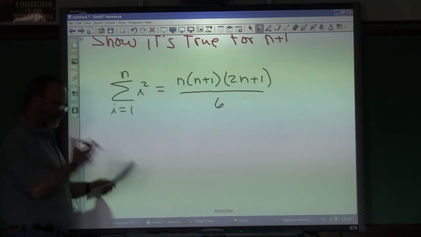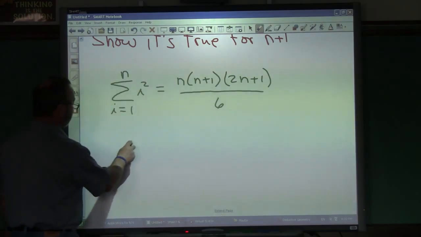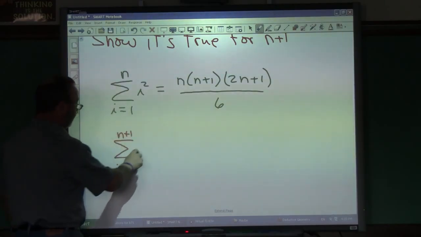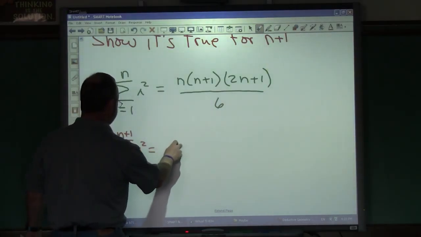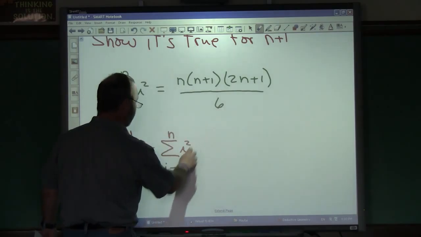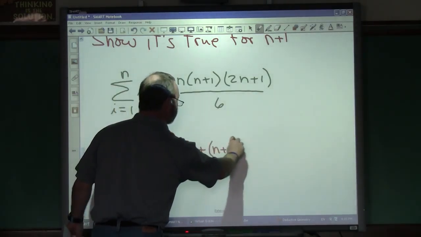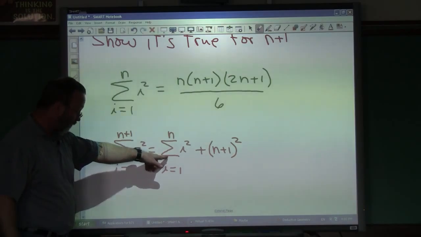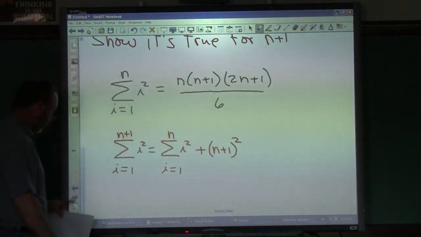That's true by assumption. Then I need to look at the sum i equals 1 to n plus 1 of i squared. That's equal to the sum i equals 1 to n of i squared plus n plus 1 squared. I add the first n terms, which is this, and then I add the n plus 1 term, which is this n plus 1 squared.